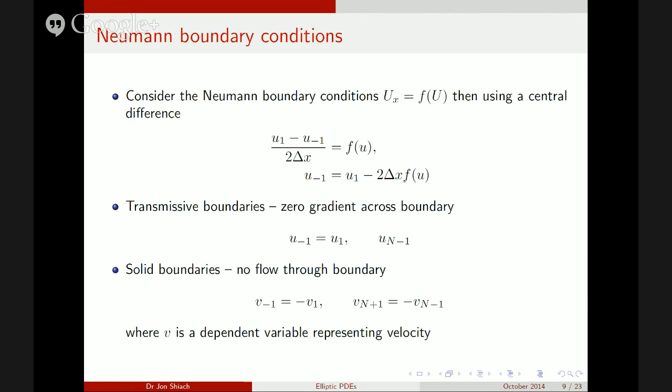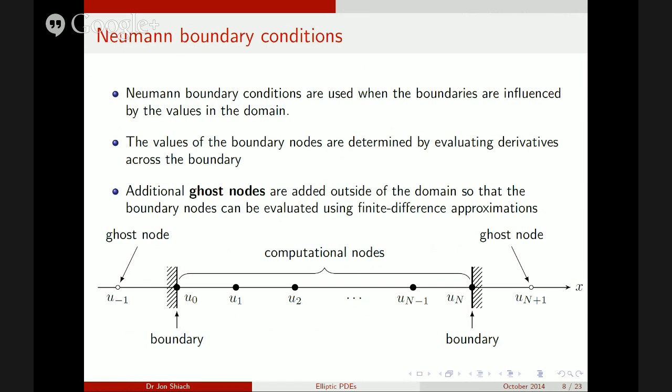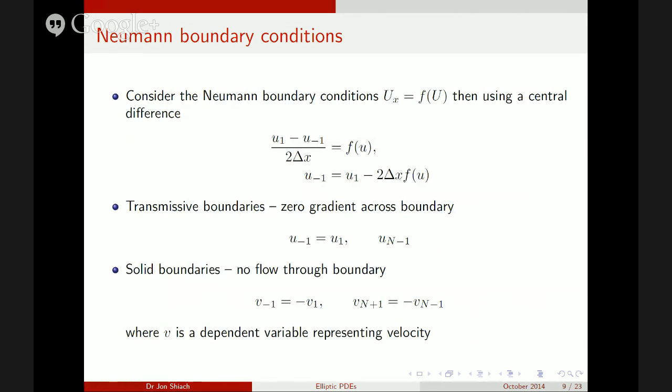So using the central difference formula, we have the node to the right minus the node to the left, divided by 2 times the step length. That's going to be equal to my f of u, because I want the gradient to be equal to that f of u.